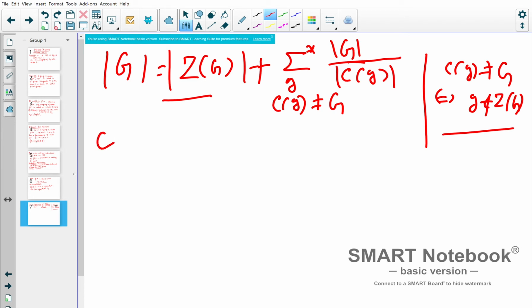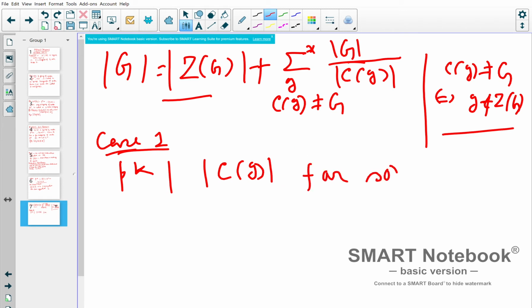Case 1: P power K divides the order of the centralizer of g for some g.